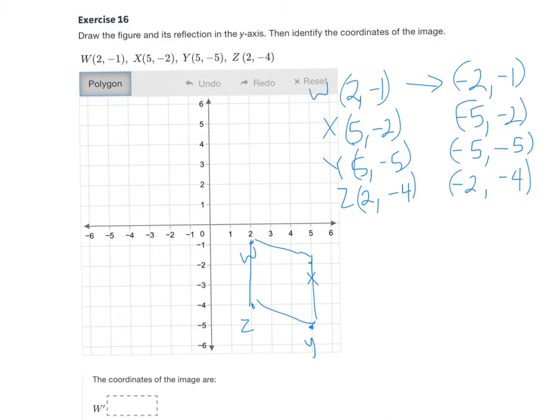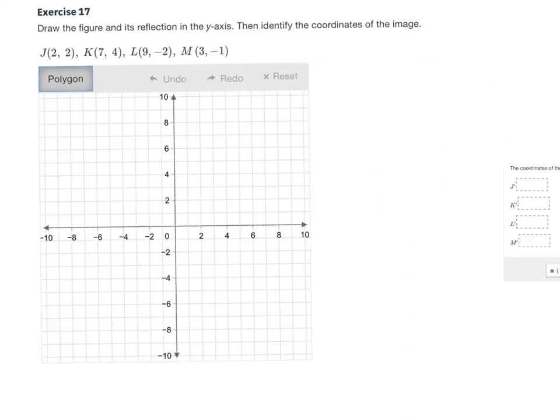I've got -2, -1, which is W prime. I've got -5, -2. That's X prime. I've got -5, -5. That's Y prime. And I've got -2, -4. And that one is Z prime. Alright, let's go to the next one.